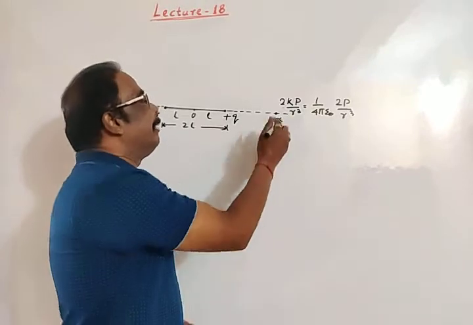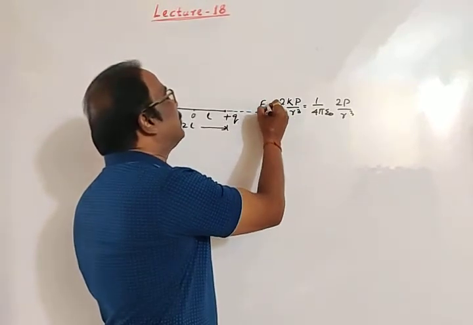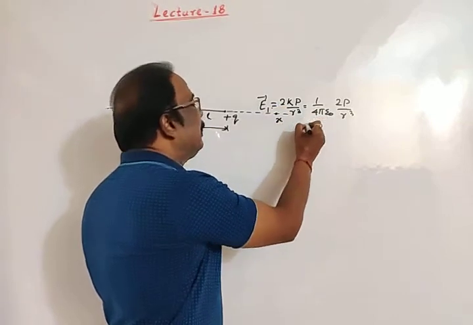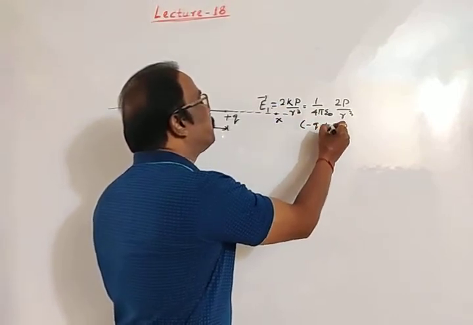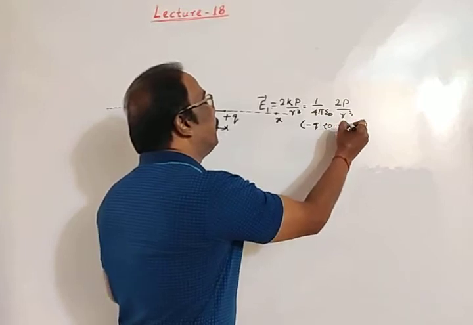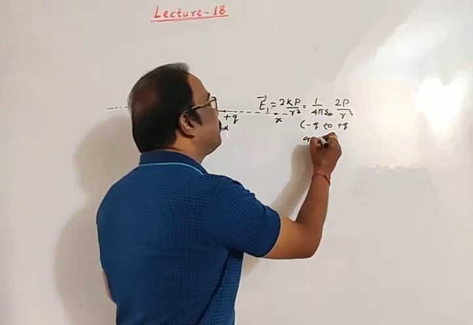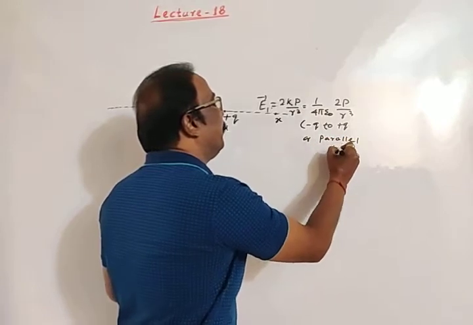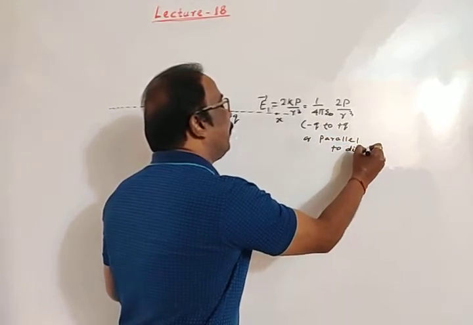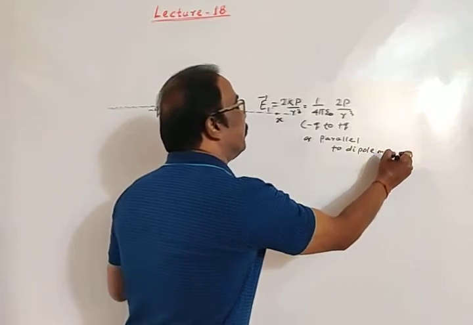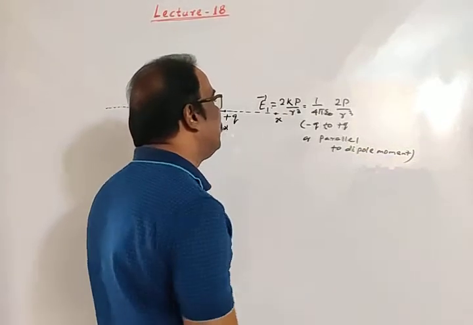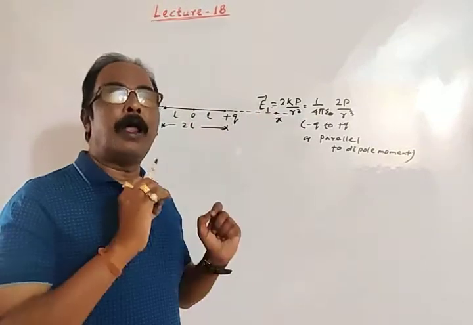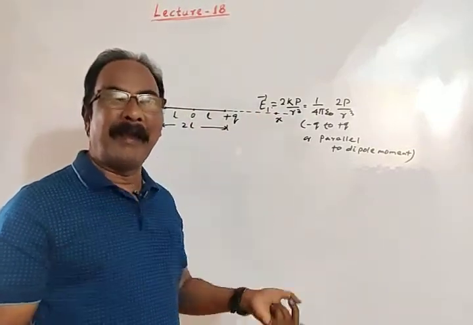If we take it as E1, then its direction is from minus q to plus q, or we may say it is parallel to the dipole moment. So this is about electric field intensity at the end-on position due to an ideal electric dipole.